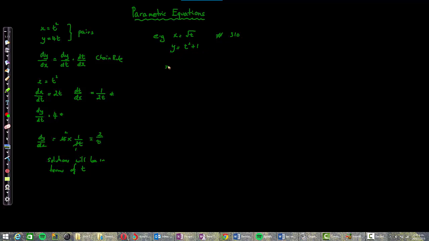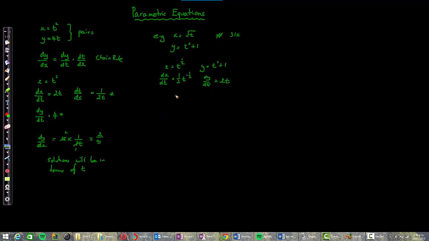Let's rewrite our x equation slightly more user-friendly, and let's get dx over dt. It should be a half t to the power of negative a half, and dy over dt would be equal to 2t.